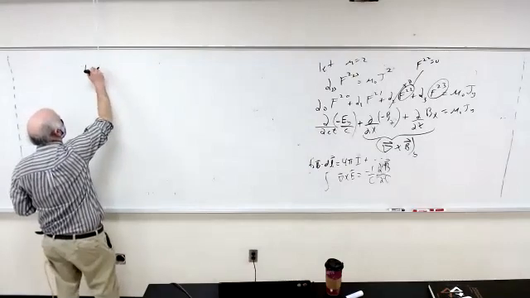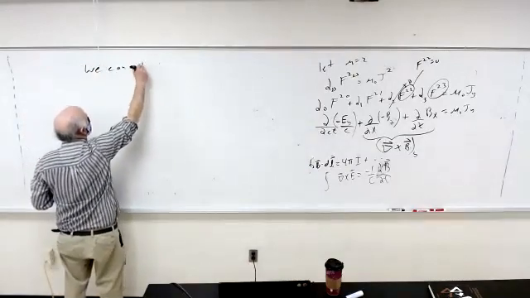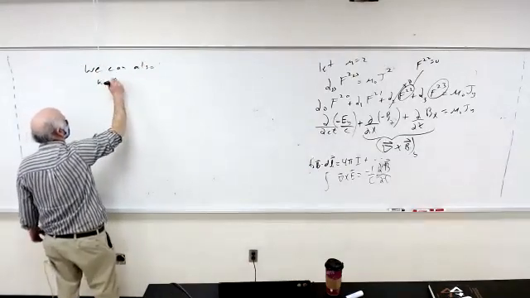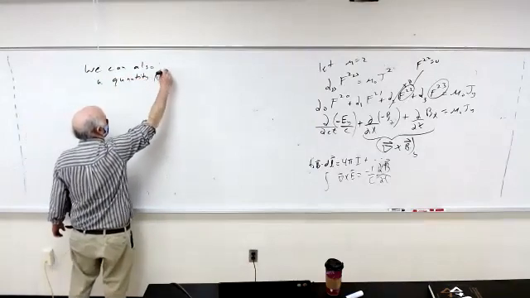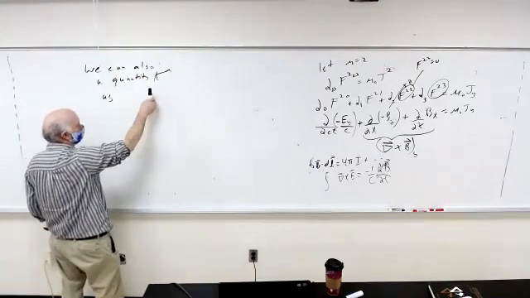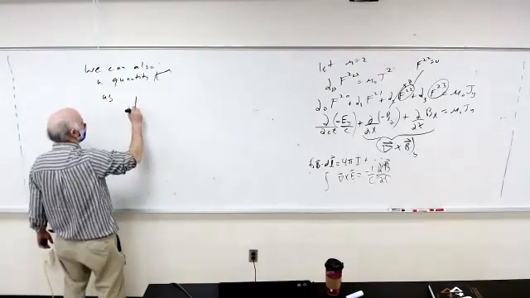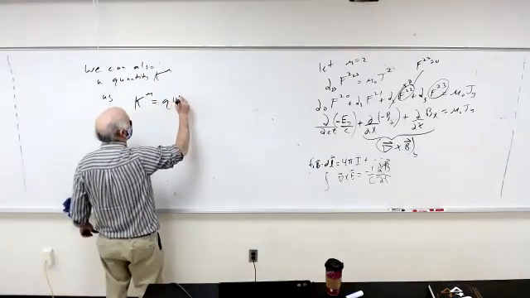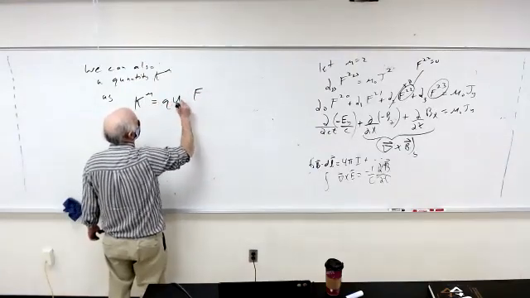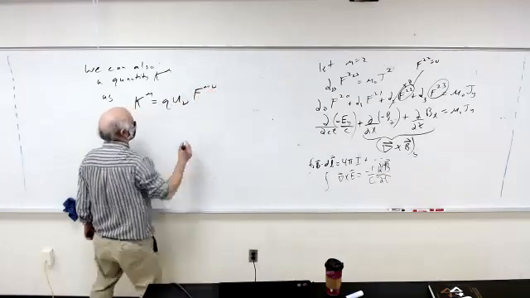We can also define a quantity K mu. I'll tell you what K mu is. This K mu is going to be Q U nu F mu nu, like that.